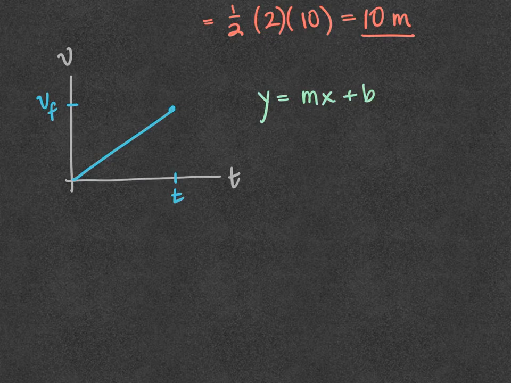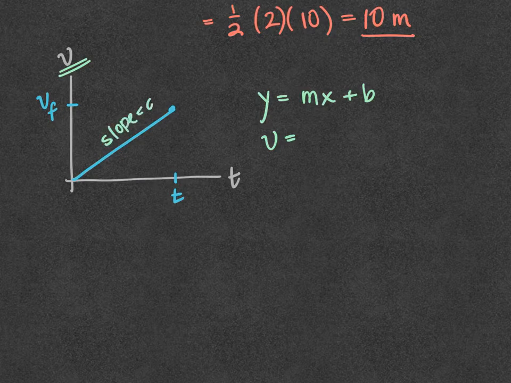So what's in our y position? Well, the y represents the thing that is graphed on the vertical axis, so that would be the velocity. m represents the slope of the line, and in our case, the slope of a velocity time graph is the acceleration. So I'll put a here. And then x represents what's on the horizontal axis, and in our case, it's time.